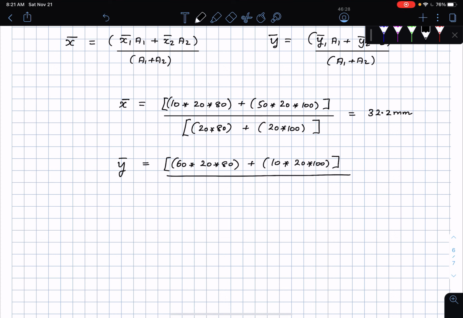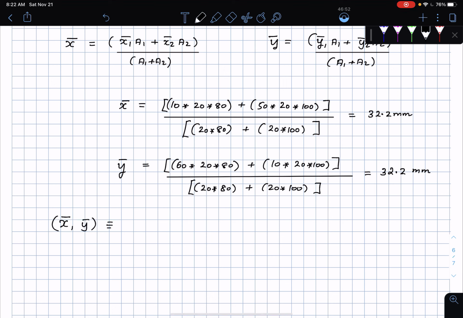All of this will be divided by the total denominator, which is 20 times 80 plus 20 times 100, and all of this computed together is going to give me, what do you know, 32.2 again.